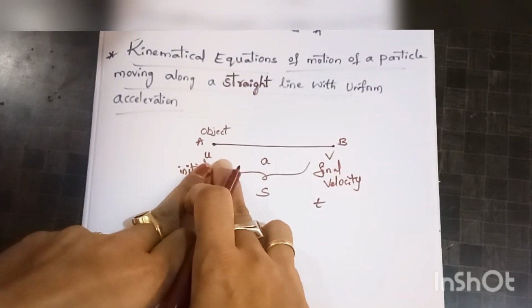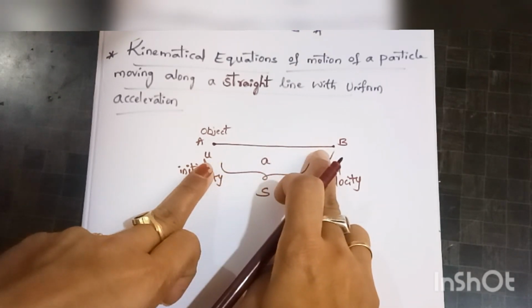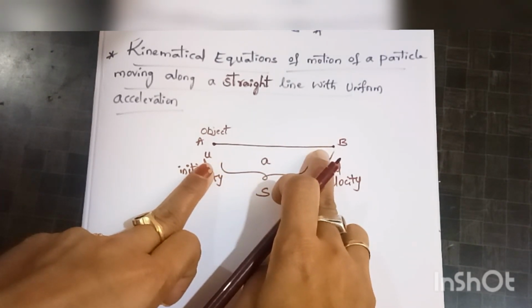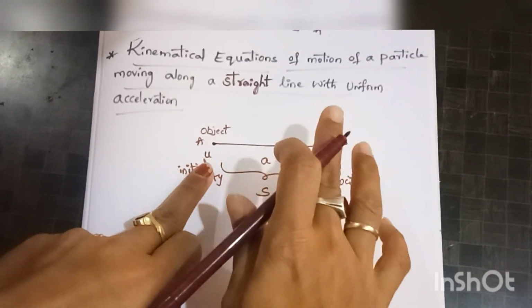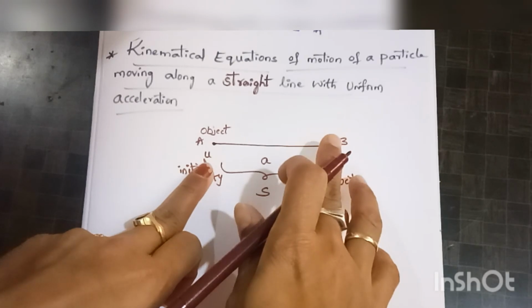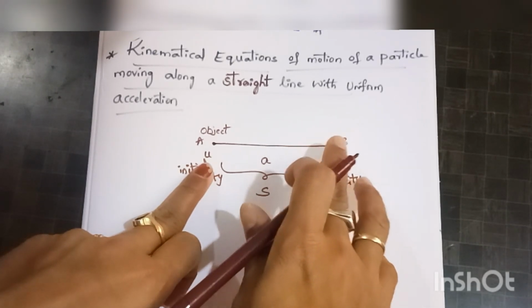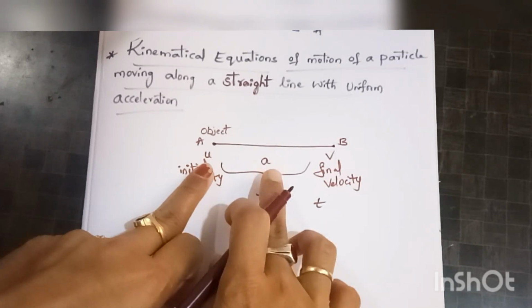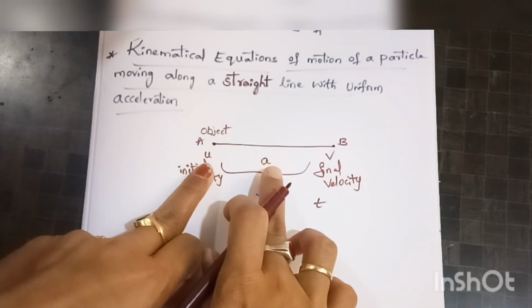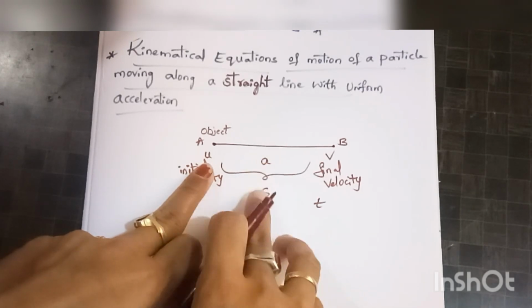As the object is moving in a straight line, it covers some distance. Here the straight line represents direction. So it is moving with displacement s, with uniform acceleration, and we know that acceleration is denoted by small a.